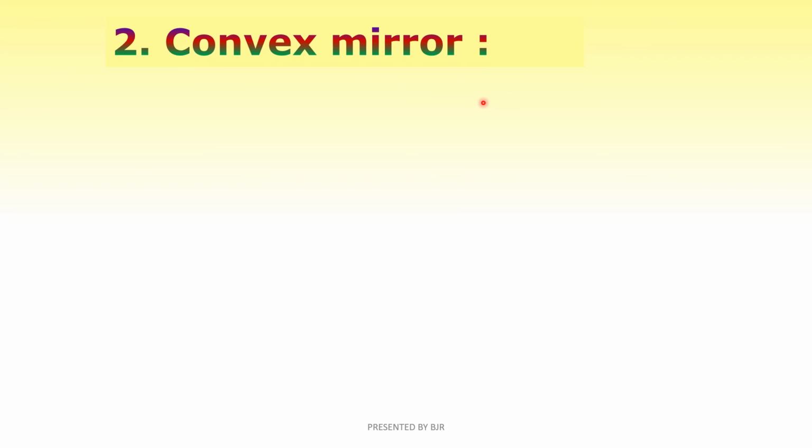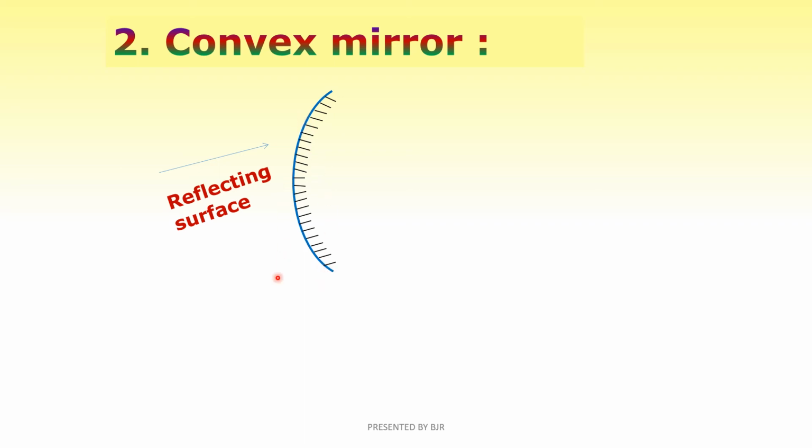And the second type of mirror is convex mirror. See here, here I am showing only the symbols, and this is the reflecting surface. The reflecting surface is curved outward or it is bulged out. That's why it is a convex mirror. And this side painting has been done, silver painting has been done inner side.